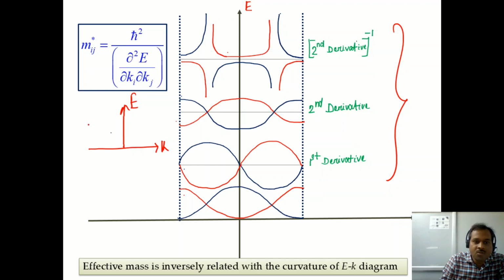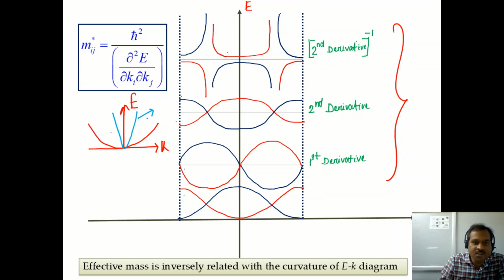Suppose we are having two plots, one like this and the other like this. Then the curvature of this will be high compared to the curvature of this red plot. This red diagram will have lower curvature than the blue plot.